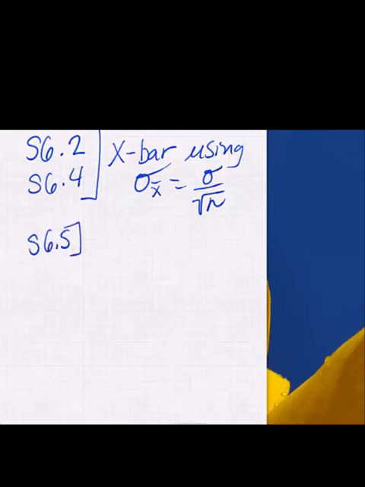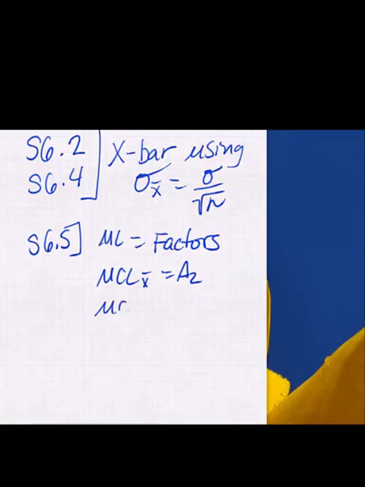6.5, this one has you using the upper and lower control limit with the factors. Remember, the upper control limit for X bar uses the A2 factor, versus the upper control limit for the R bar, which will be using the D4 factor, and then the lower control limit the D3 factor.